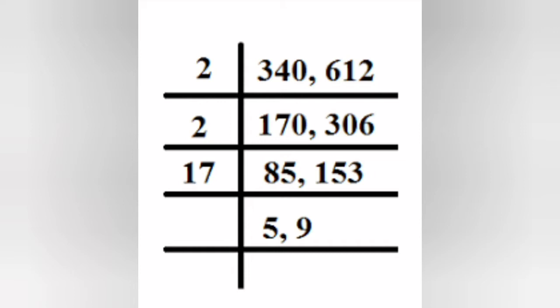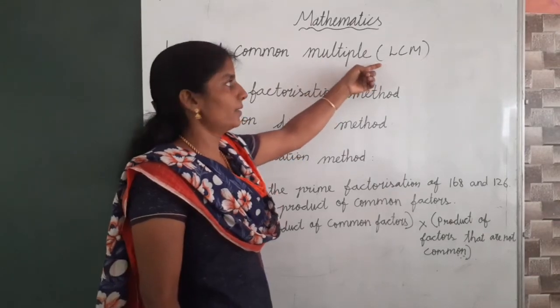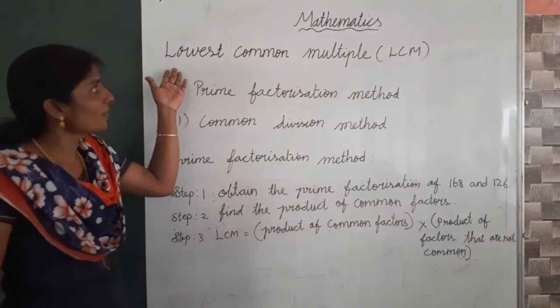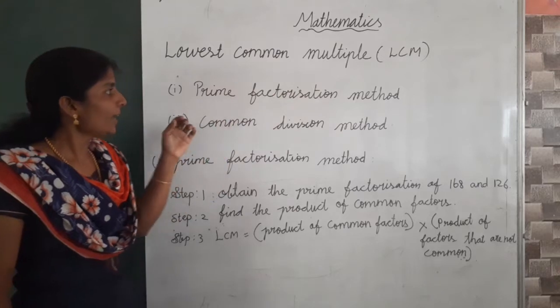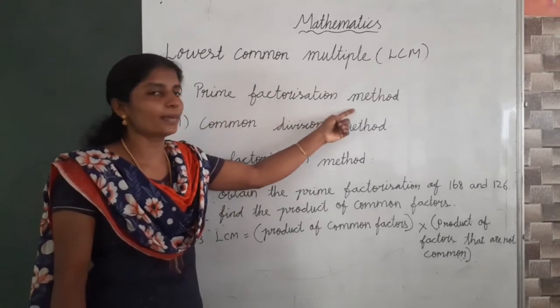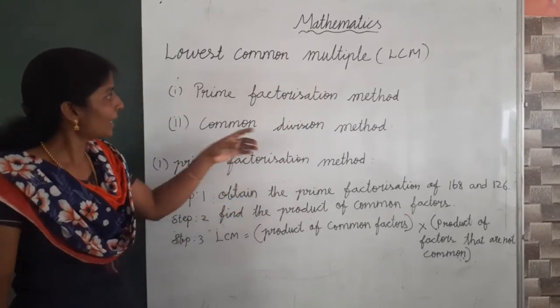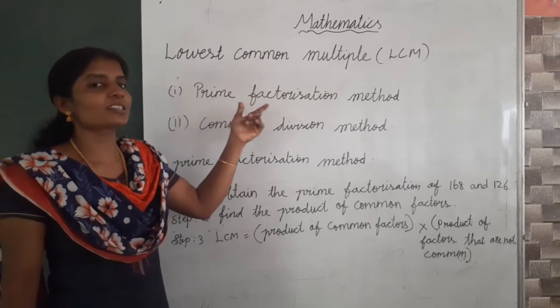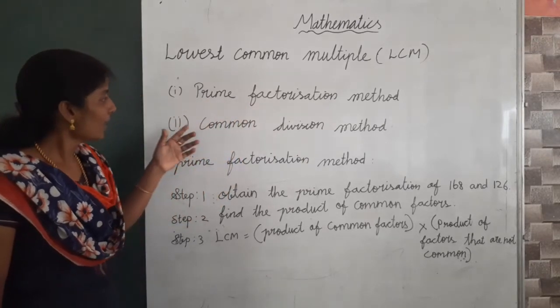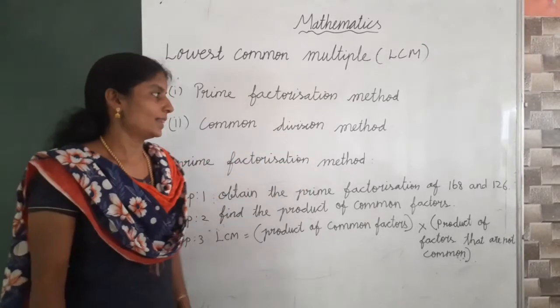Okay, LCM means lowest common multiple. We have two methods. First one prime factorization method, second one common division method. Already we know the prime factorization method, isn't it? Now one more method, that is common division method.